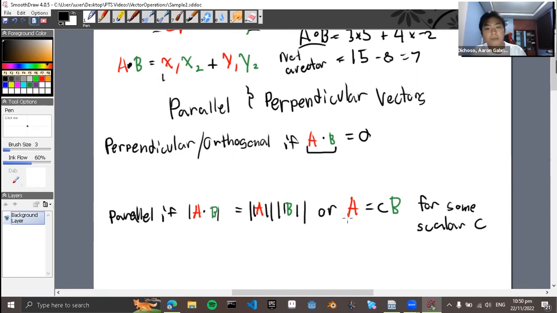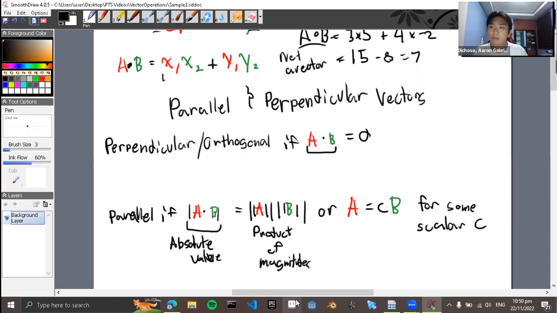They are parallel if the absolute value of the dot product is equal to the product of the magnitudes. Or, pwede naman sabihin na A is equal to B times some number C. So parang yung isang vector, parang siyang factor nung other vector. If that is the case, then the two vectors are parallel.